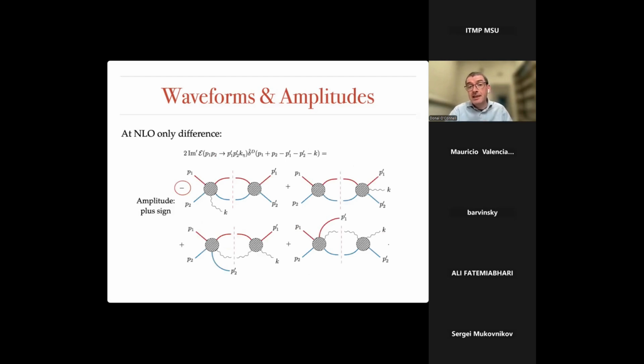Now, this business, that it's not an amplitude but a generalized amplitude, is important. But in some respects, the difference between the amplitude and the generalized amplitude is very small. So, for example, at next to leading order in this waveform, the only difference between the amplitude and the generalized amplitude is this sign. So here I've written the imaginary part, or just the cuts.